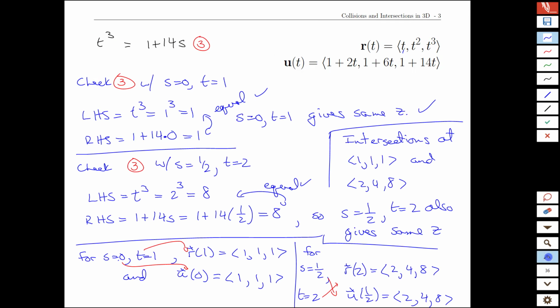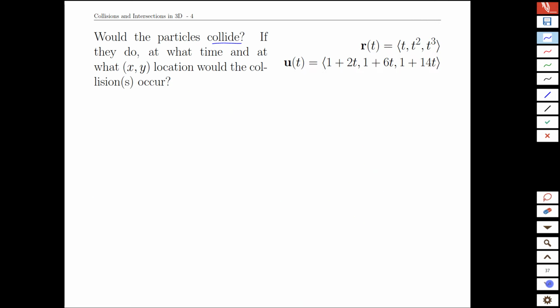Well, the nice thing about doing this process in this order, where we allowed different time parameters for the two trajectories, s and t, is that if there was a collision, we would have gotten a solution with the same s and t values. We saw that earlier in another example. So there are no solutions for the same x, y, z at the same time.